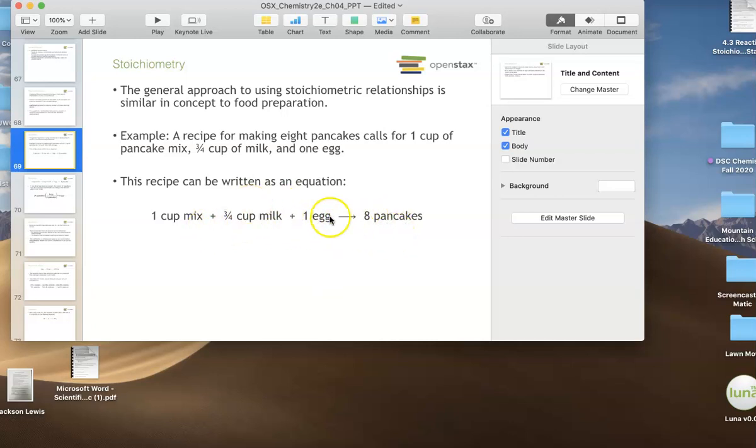So we can look at the different possible ratios of each item to the other. That's what we're going to do when we look at stoichiometry in these reactions: we're going to use what's called the molar ratio, which is the coefficient in front of the chemical species, which we refer to as the number of moles for that substance.